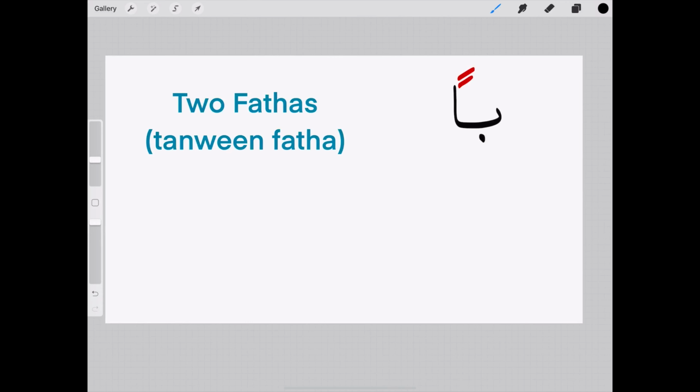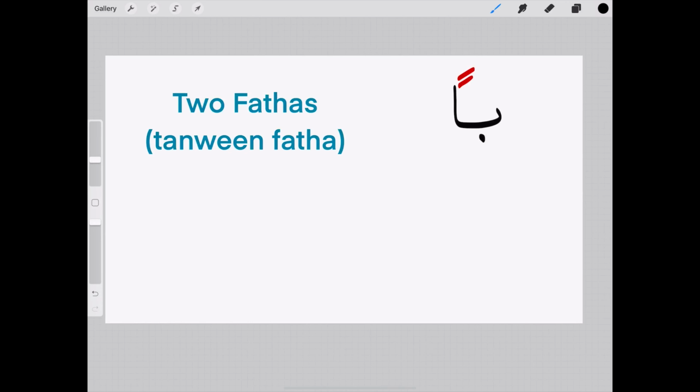this is a unique situation. If you add 2 fathas, which are 2 parallel lines on top of the ba letter, and that's a tanween fatha, you pronounce it as ban, and you have to add the long vowel alif. This is unique to this kind of tanween.